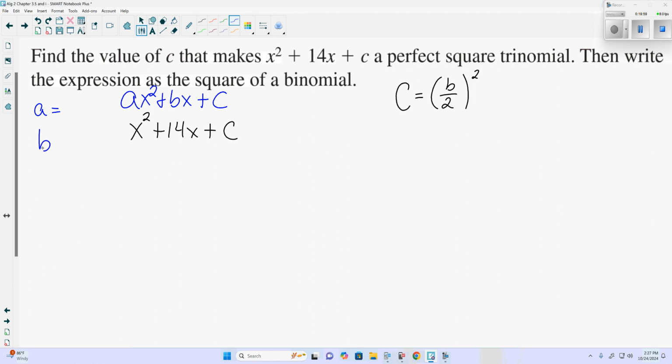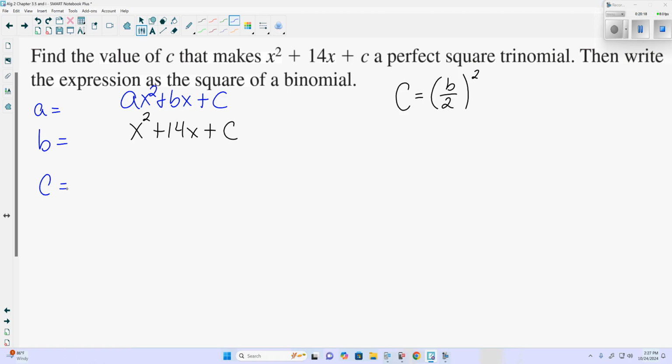So, to make this a perfect square trinomial, we're going to find that value of c. And a, b, c is all referring back to the general form, ax squared plus bx plus c.